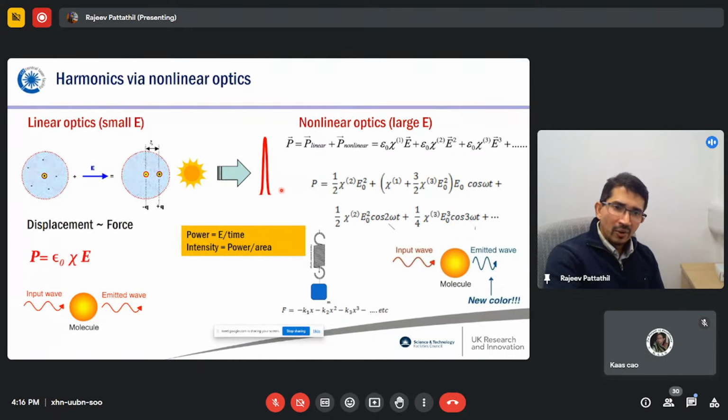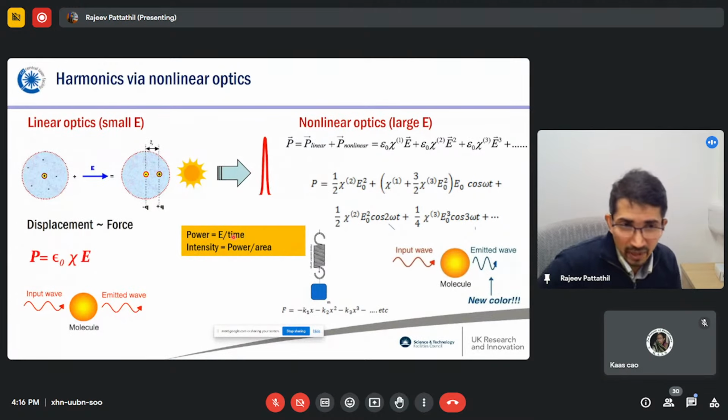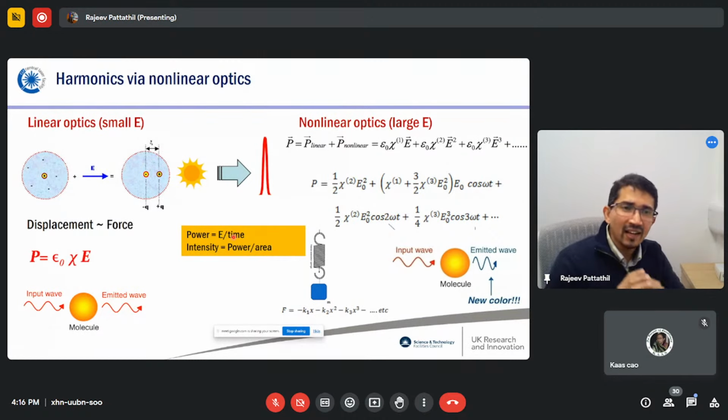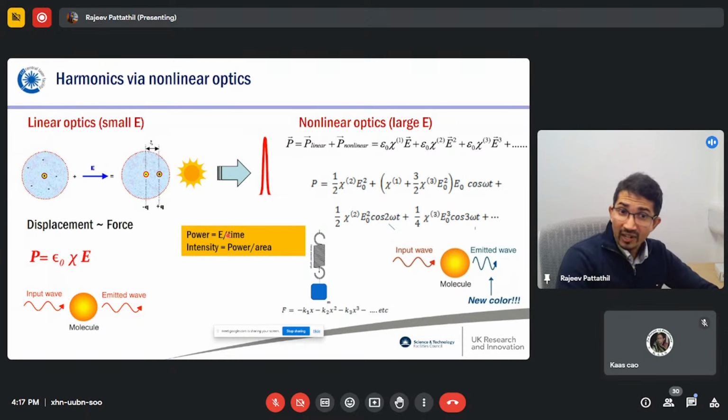But if you go to pulsed lasers, they can have much higher power. Because pulsed lasers emit all the light in a very short time scale, the power can be quite large.